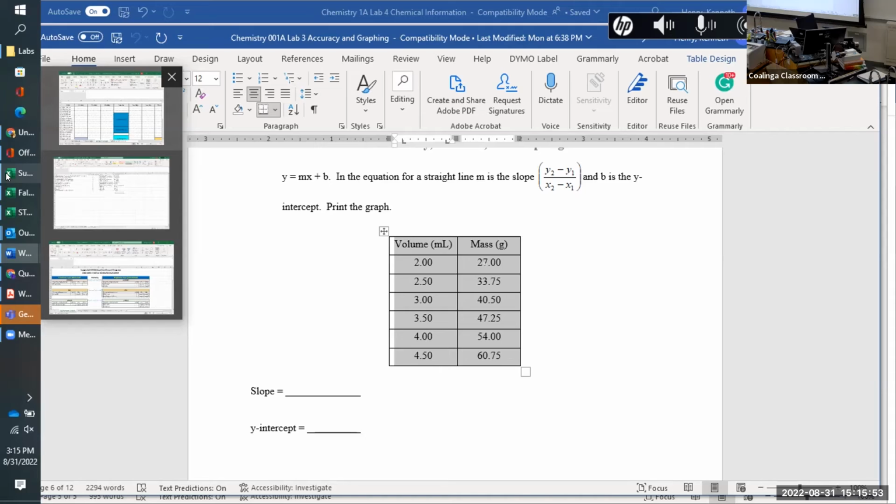Let's put our minimum value at 0, maximum value at 100. Now do the same thing with the x-axis: minimum value at 0 and maximum value at 5. Now you can actually see it hit the 0.